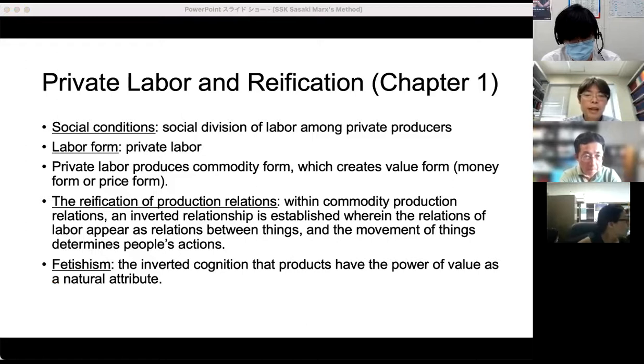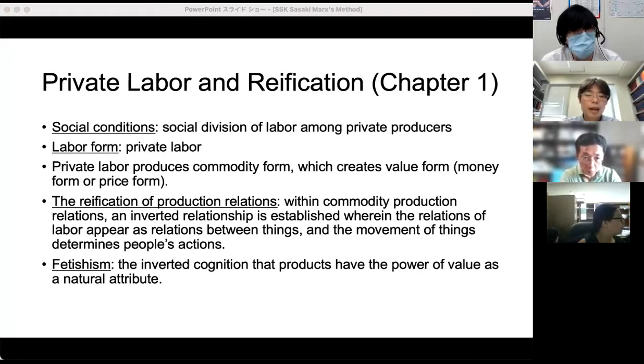Regarding the relationship between private labor and commodity production, I already explained it. Within that commodity production, an inverted relationship is established, wherein the relation of labor appears as a relation between things, and the movement of things determines people's actions.